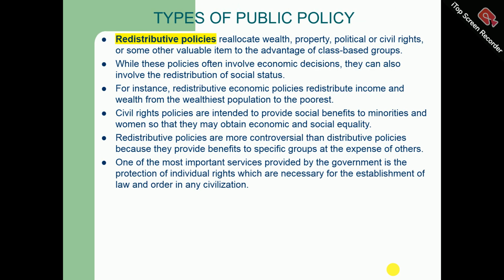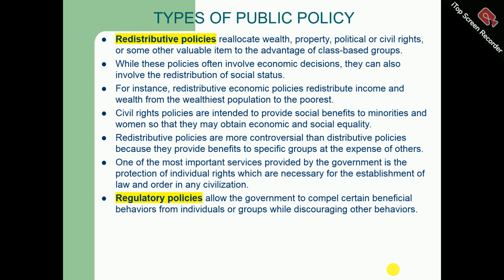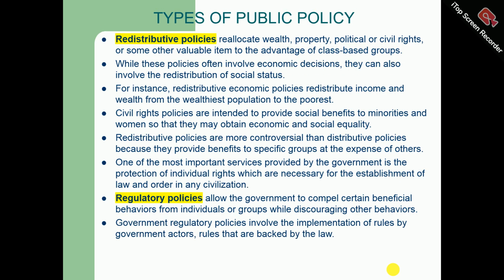One of the most important services provided by the government is the protection of individual rights, which are necessary for the establishment of law and order in many civilizations. The third form of public policy is regulatory policies that allow the government to compel certain beneficial behaviors from individuals or groups while discouraging other behaviors.